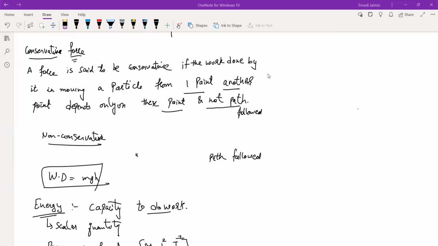So conservative force: a force is said to be conservative if work done in moving a particle from one point to another point depends only on the points, not on the path. Means if I'm moving this box from A to B, it just depends upon the points.